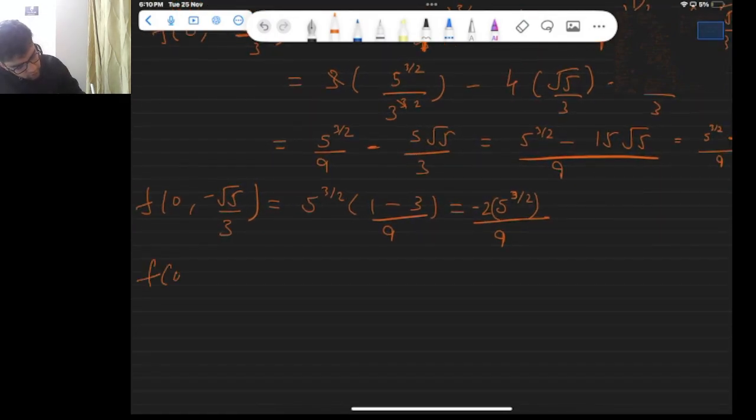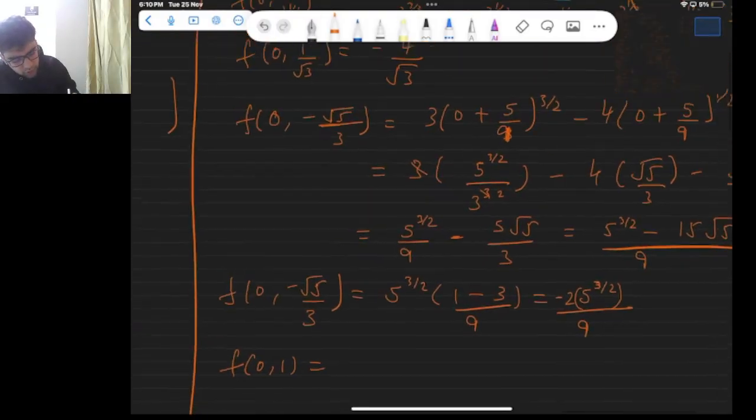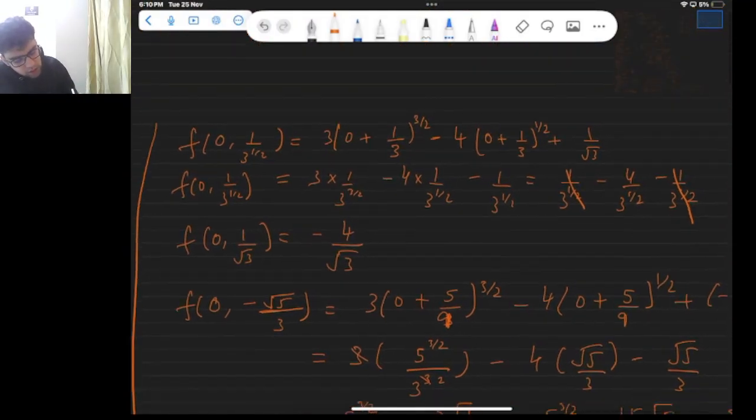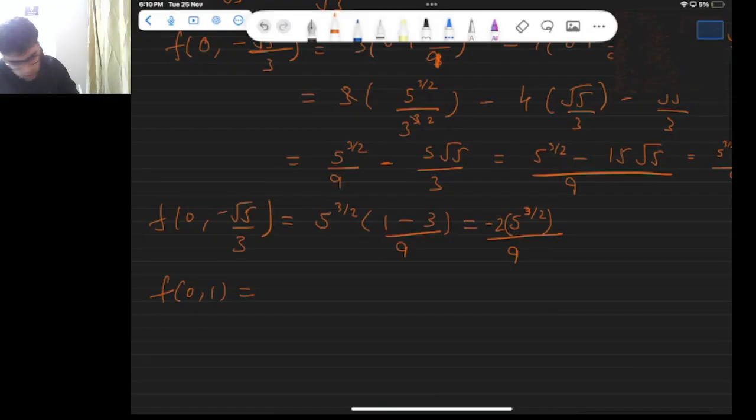Now we have to just find 0 comma 1 and 0 comma minus 1. So if I just substitute 0 and 1, I'll be left with 0 and 1. So this will give me 3 and 3x square. So 0 plus y square is 1. 1 to the power 3 by 2 minus 4 into 0 plus 1 and then the root and then 1 again.